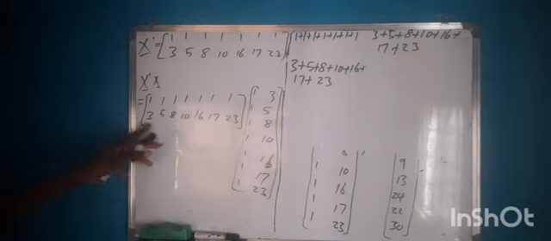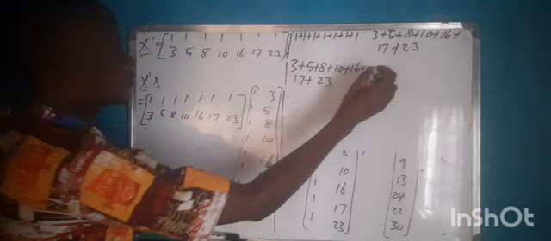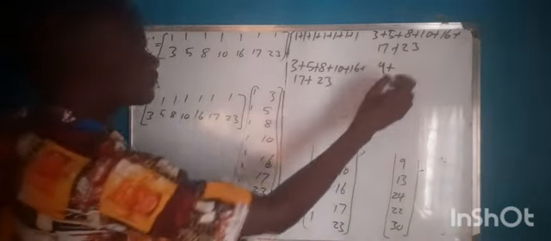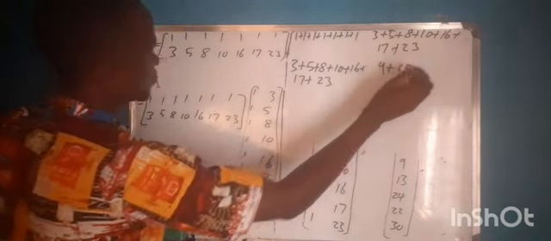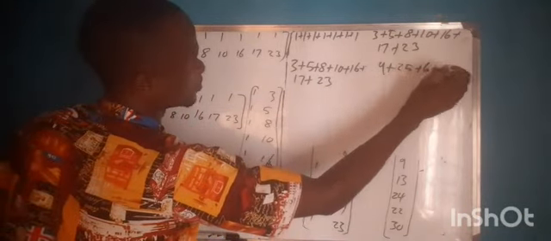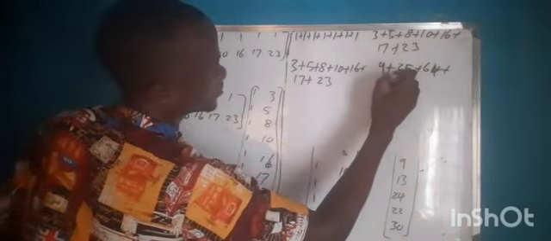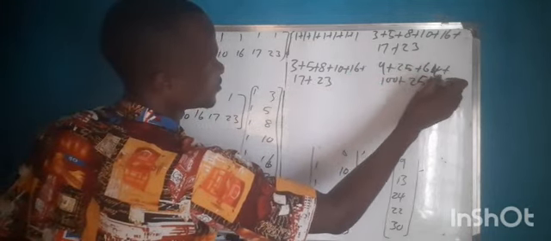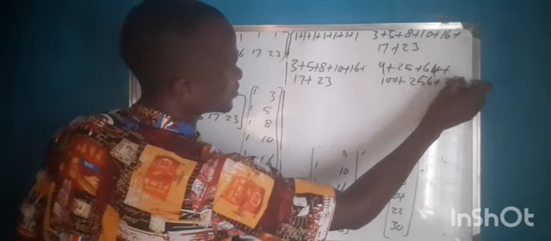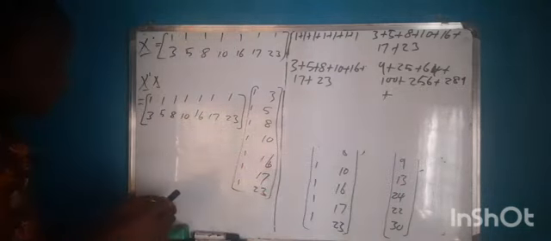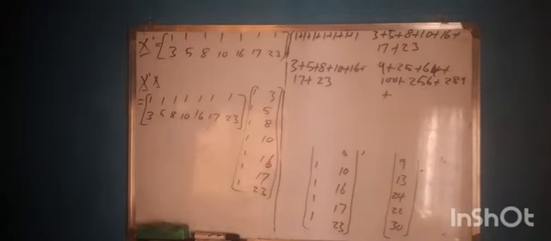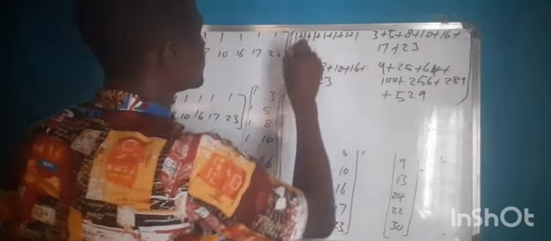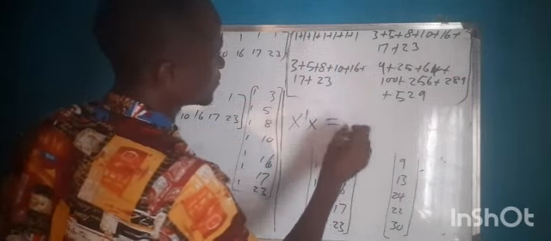Then we use the second row again and multiply the second column: 3 times 3 gives 9, plus 5 times 5 gives 25, plus 8 times 8 gives 64, plus 10 times 10 gives 100, plus 16 times 16 gives 256, plus 17 times 17 gives 289, plus 23 times 23 gives 529.